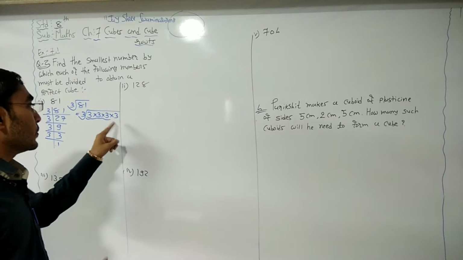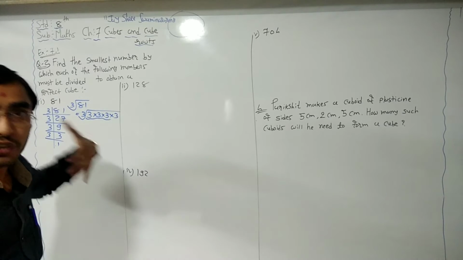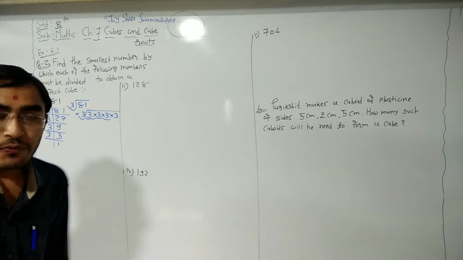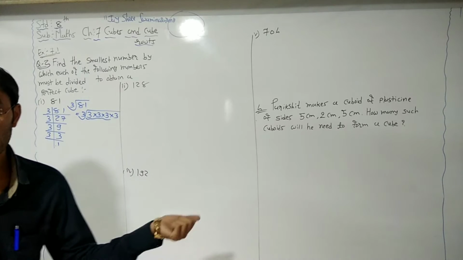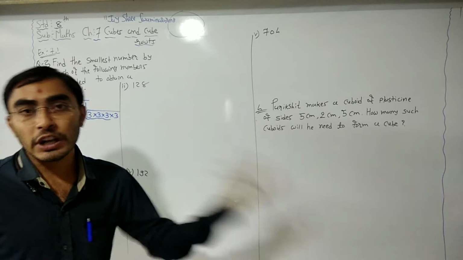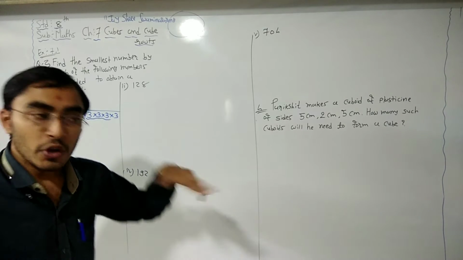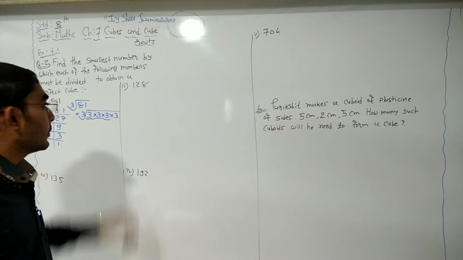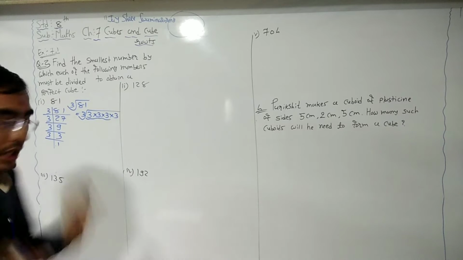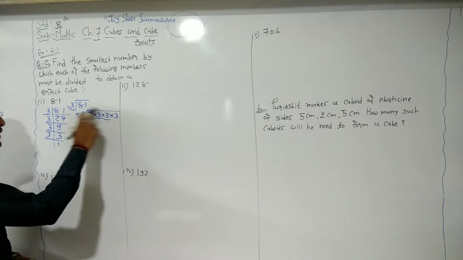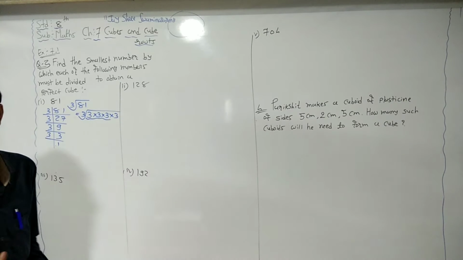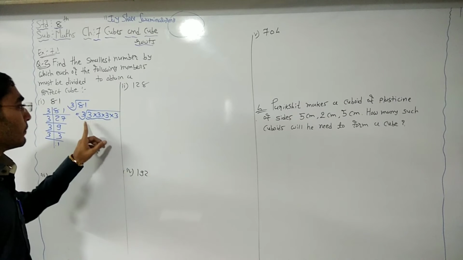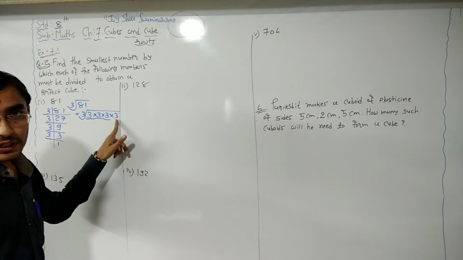So we need to remove this 3, because here we need to use the division process. If we want to use the multiplication process, then 2 more 3s we want. But here we need to use the division method. That means we need to remove this 3. If we remove this 3, then we have the complete group. So what we need to do? We need to divide the number by 3.